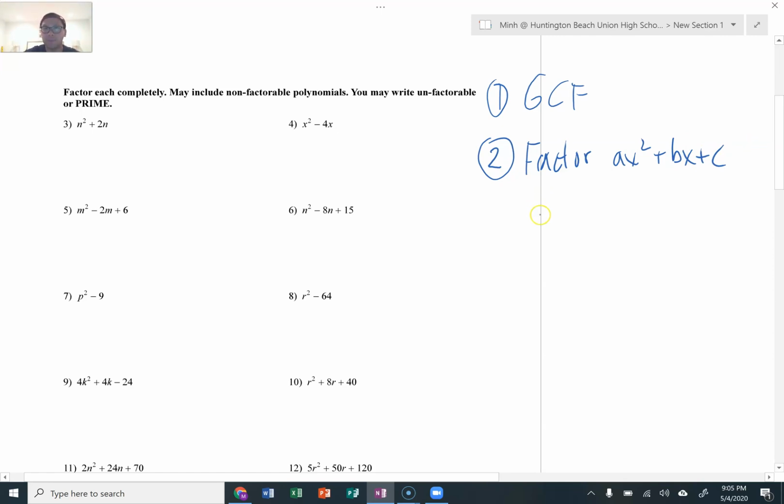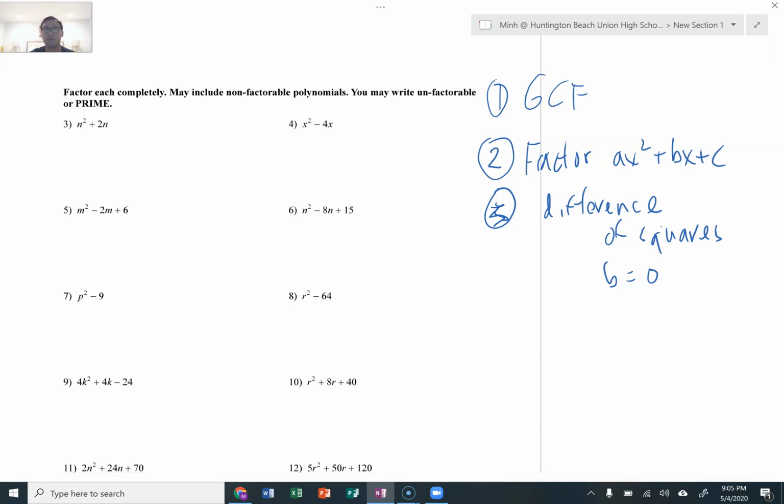And then in addition, you should also be looking to see if there are differences of squares. That was the lesson from Monday, and that was when b was equal to 0. There are going to be some cases where your b is equal to 0.